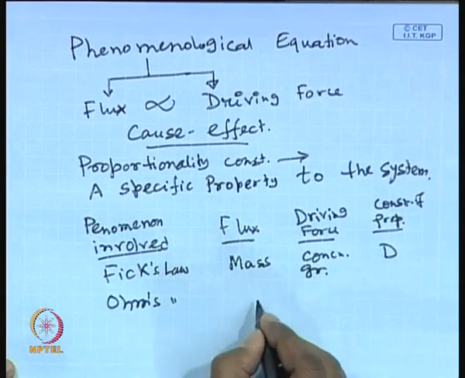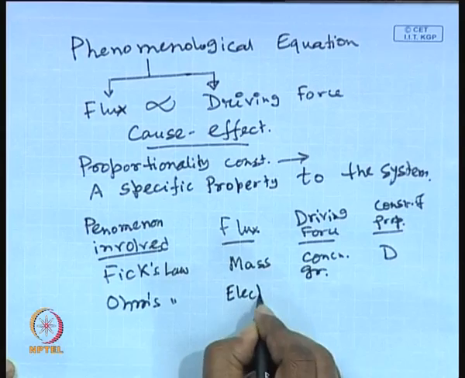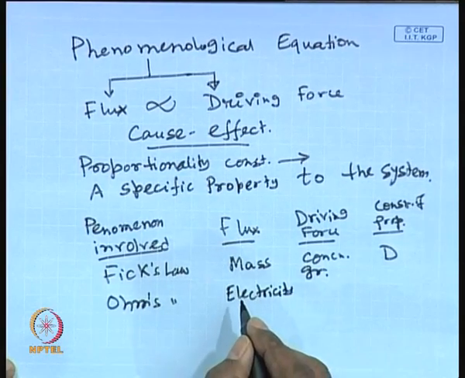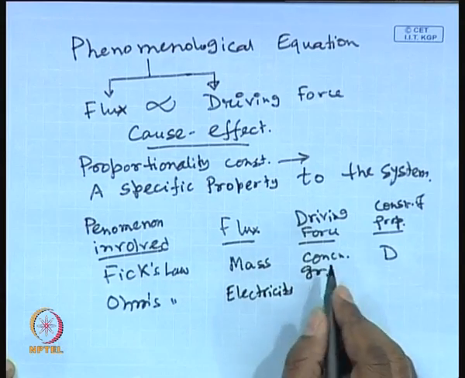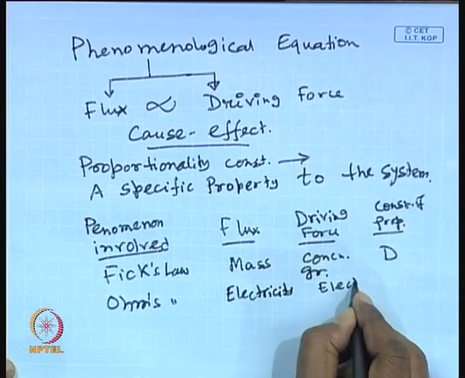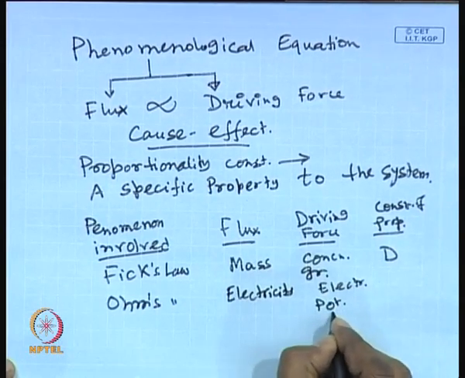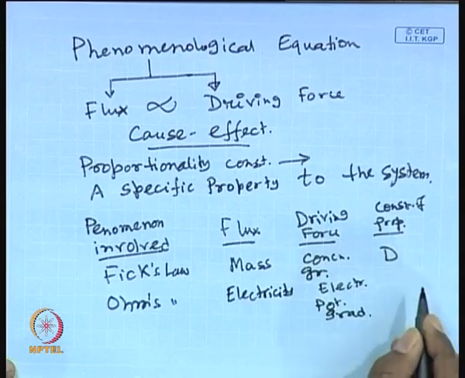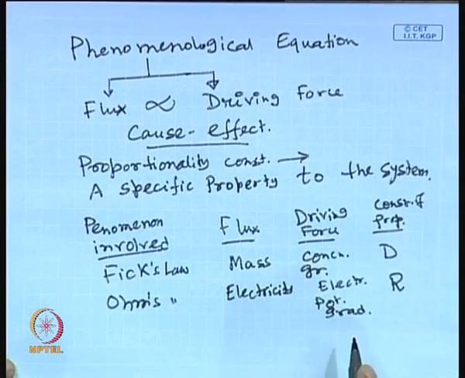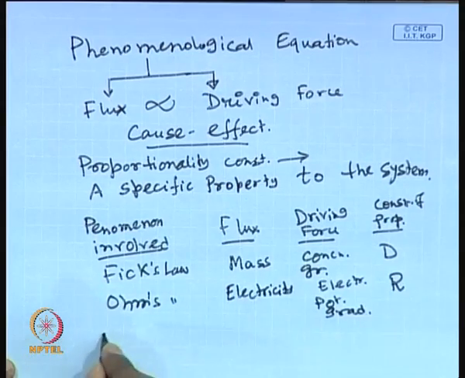The flux is basically electricity, charge per unit time. So, it is basically current, and the driving force is basically electric potential difference gradient. And what is the constant of proportionality? It is the resistance, right. Third one is Fourier's law.